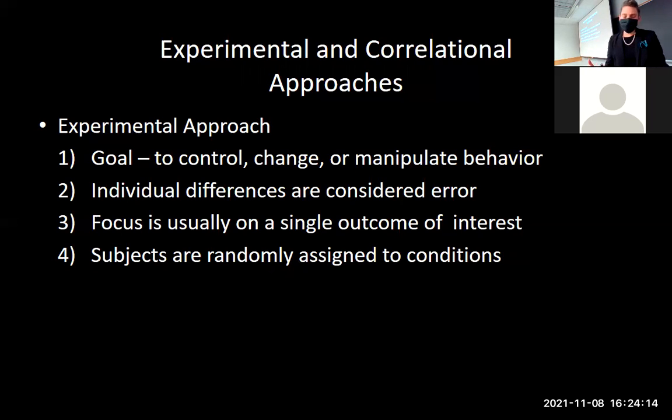Individual differences in an experimental approach are considered error. They're nuisance, they're noise, they're things that we deal with, but they aren't the goal. The focus is usually on one single outcome of interest. It could be a few, but it's usually, I'm going to do this and see what happens to this outcome.